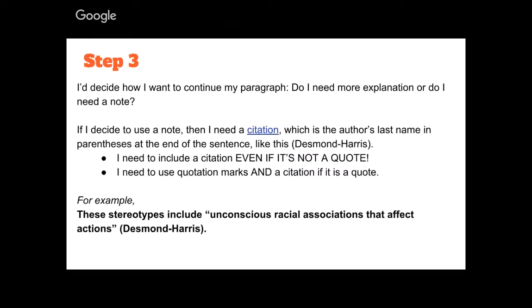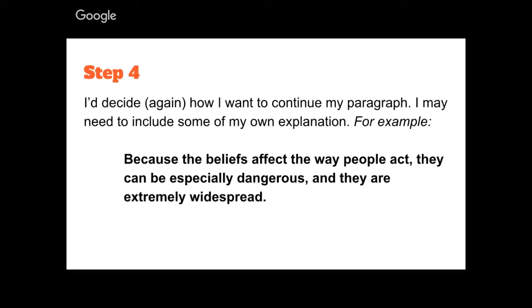Okay? Step 4 is making this decision again. I decide again, staring down my third sentence: well, do I want to continue with another note, or should I stop? Because I maybe just used a note, I may need to explain what it was I meant. That's what I decided to do here.